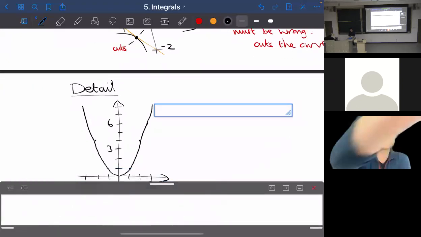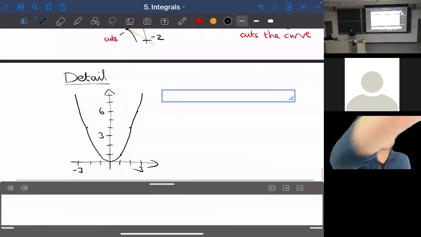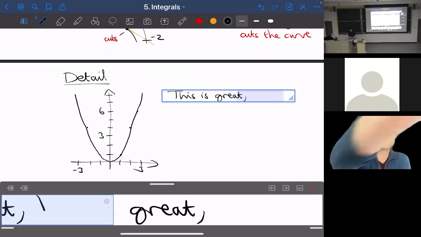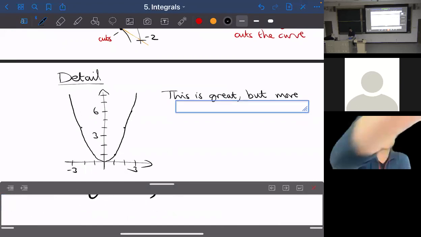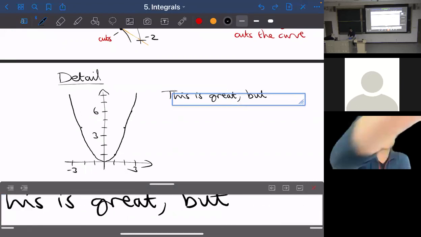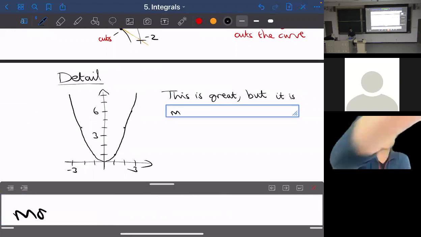And I want to say that this is great. But it is more detail than is needed.